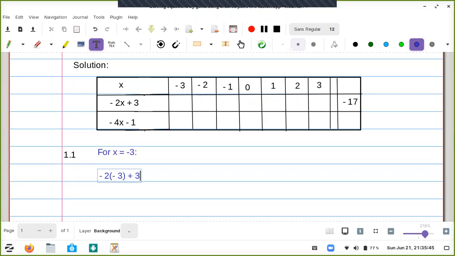What is going to be our outcome there? We are going to see that when we multiply negative 2 times negative 3, we come up with what? 6, right? Positive 6, then plus 3.